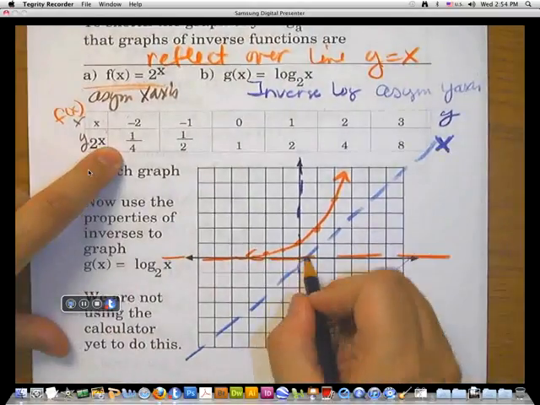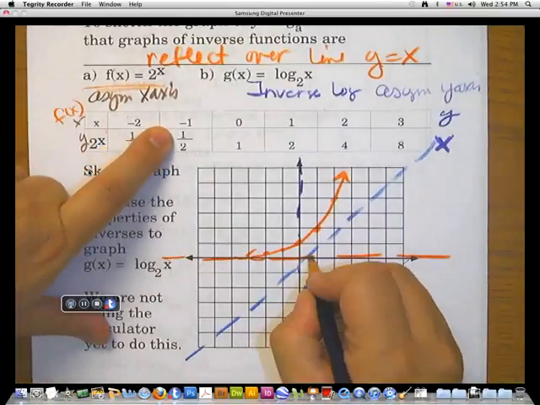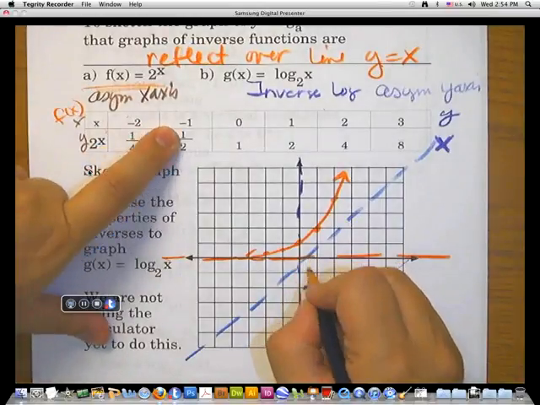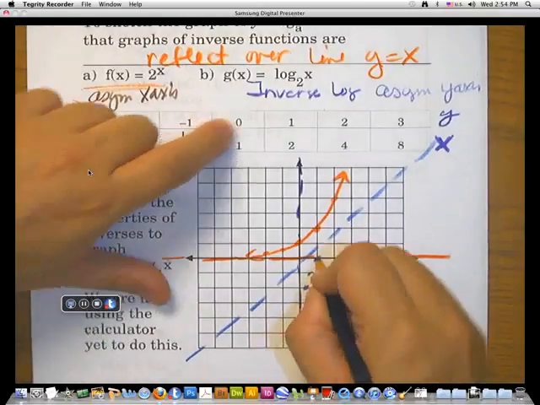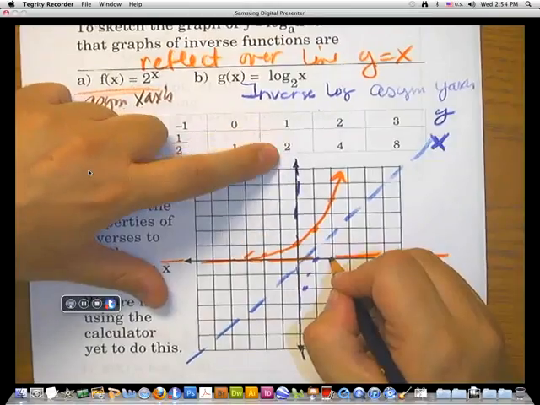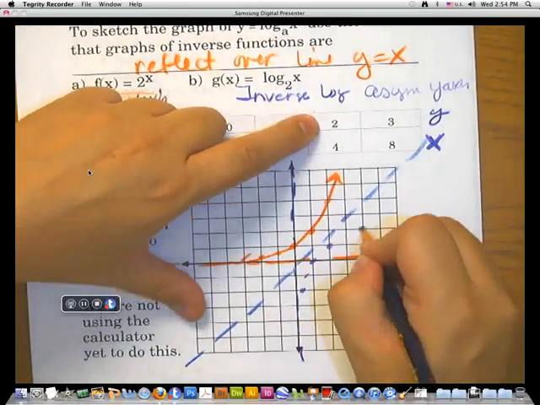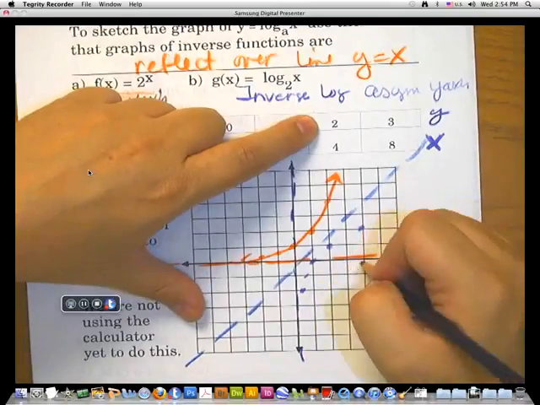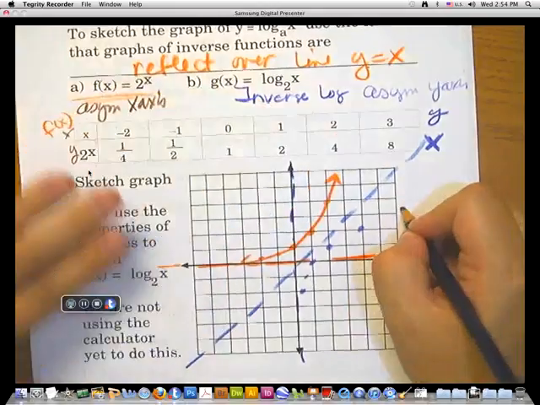So 1/4 is going to be -2. 1/2 is going to be -1. 1 is 0. 2 is my x value, 1 is my y value. 4, 2. 8, 3.